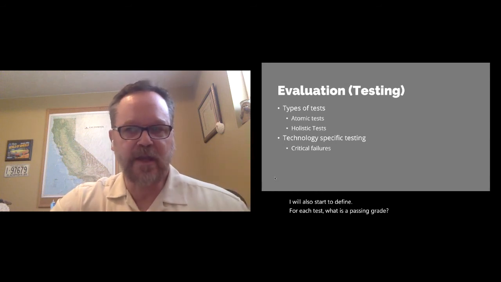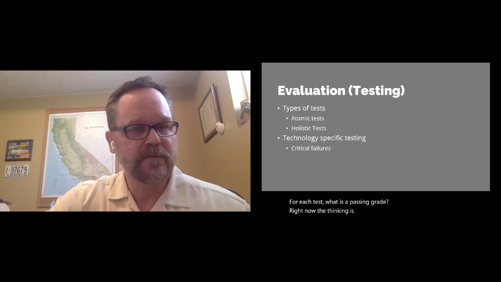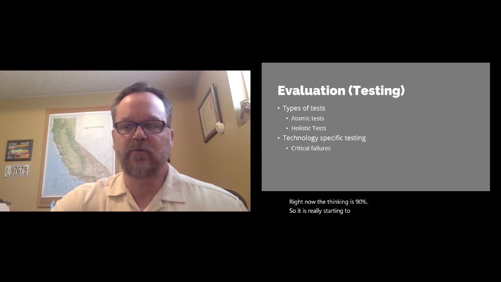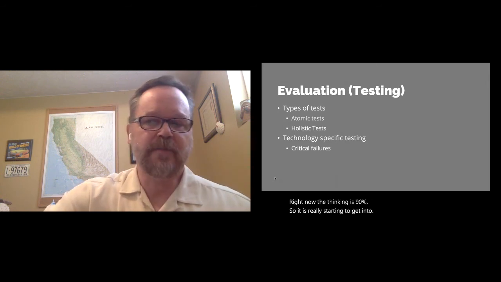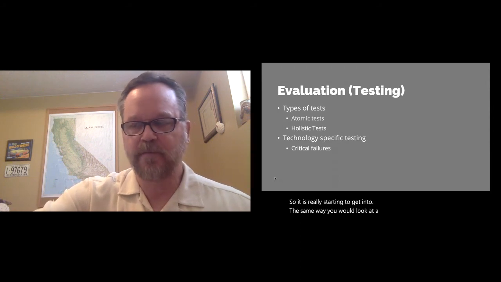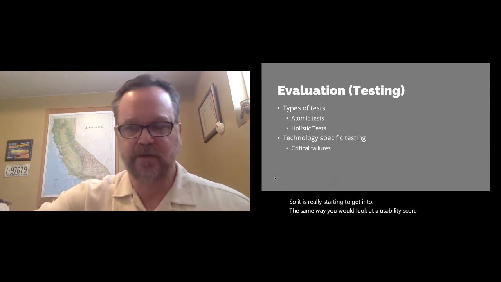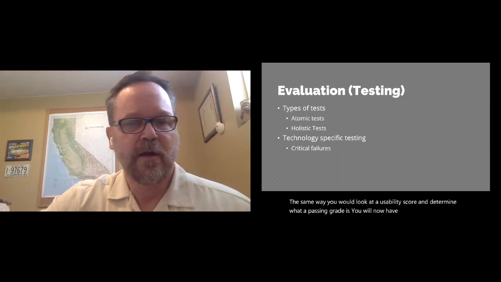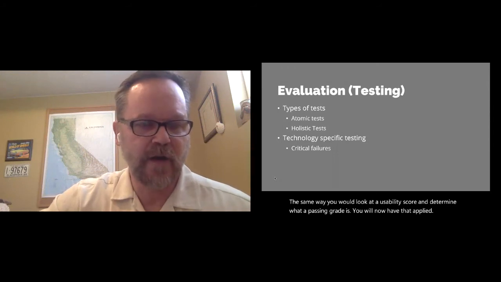Right now, the thinking is 90%. So it is really starting to get into the same way you would look at a usability score and determine what a passing grade is. You will now have that applied to the accessibility of your application.